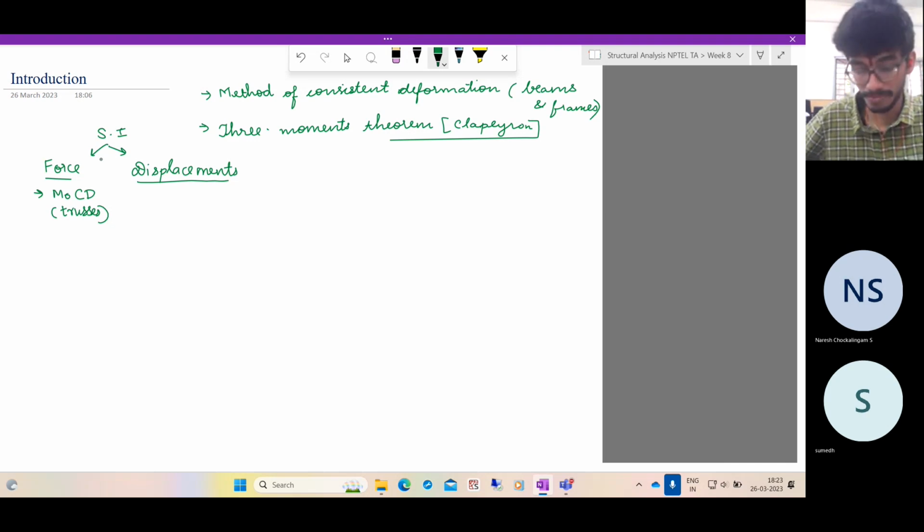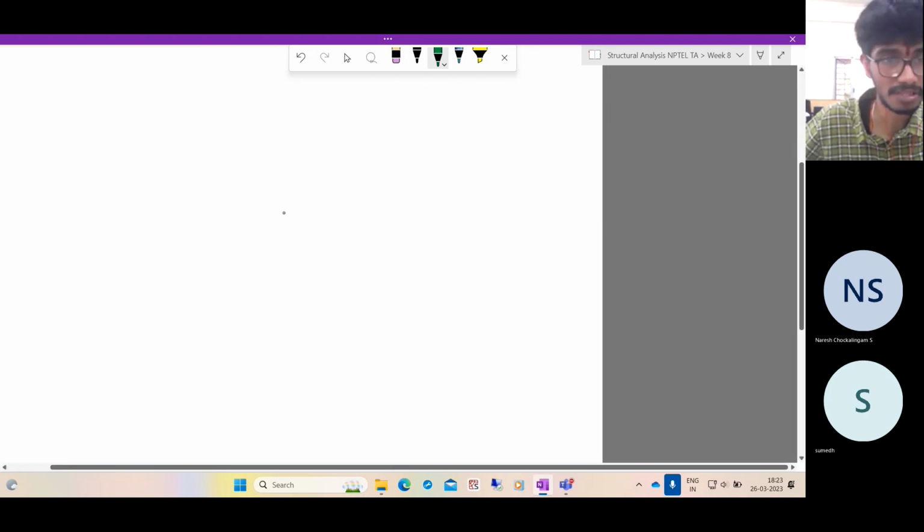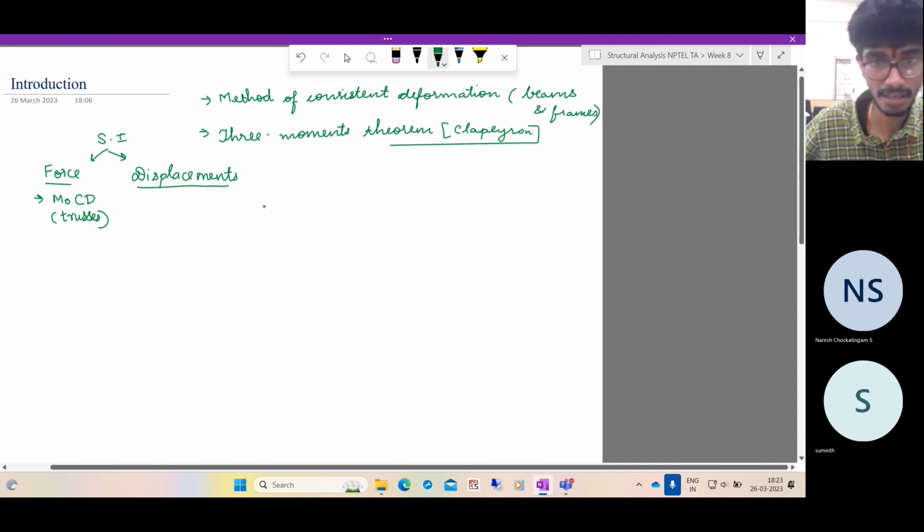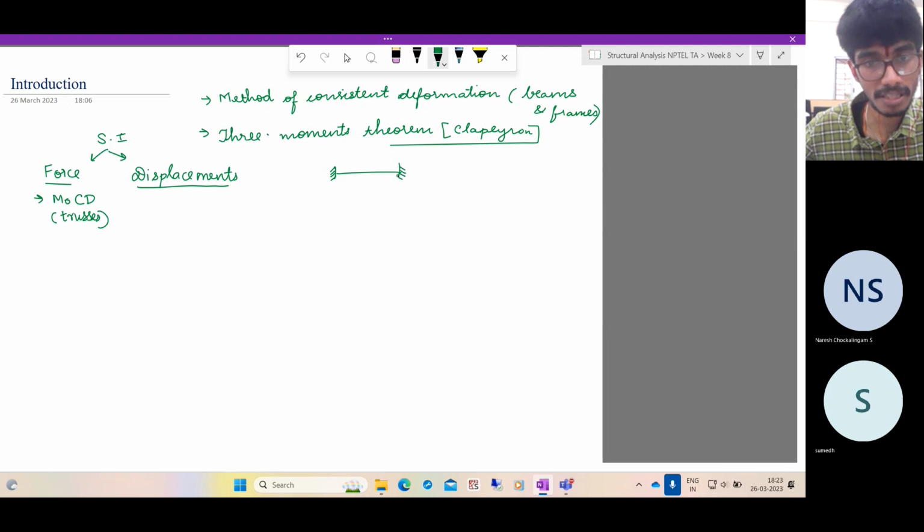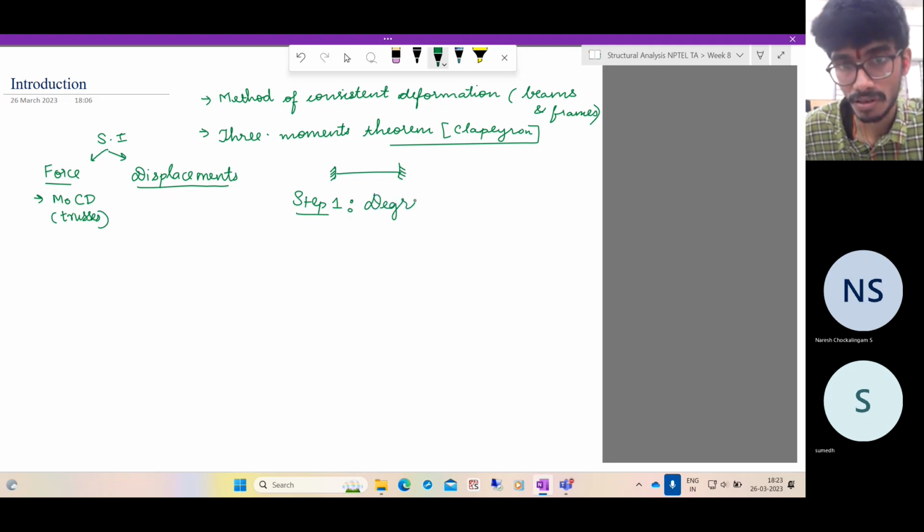Let me quickly review how we are going to do it. Suppose we have a frame structure like this. This is a statically indeterminate beam. As with any force method, the first step is always to determine the degree of static indeterminacy.